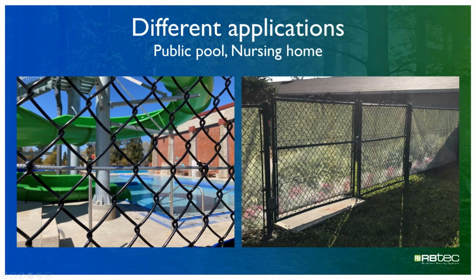Also different applications. You need to think about defense systems as also a safety or insurance liability system as well. So in this case, if this is a public pool and someone jumps the fence and drowns in the middle of the night, the pool will be liable for that person. So in that case, they put a sensor on the fence around the public pool in order to let them know if someone is coming off hours.